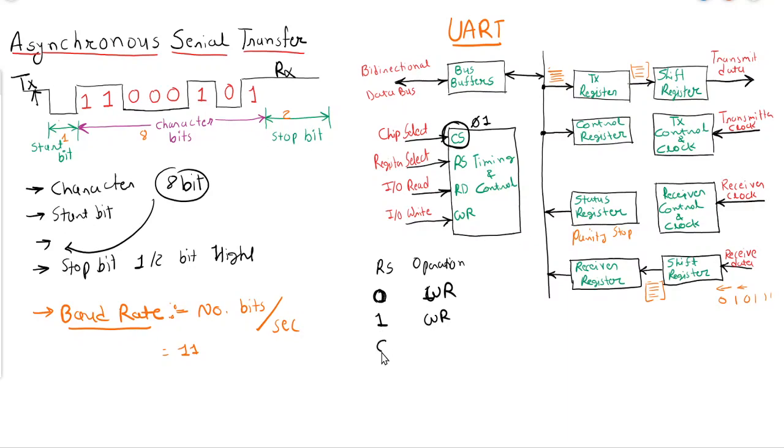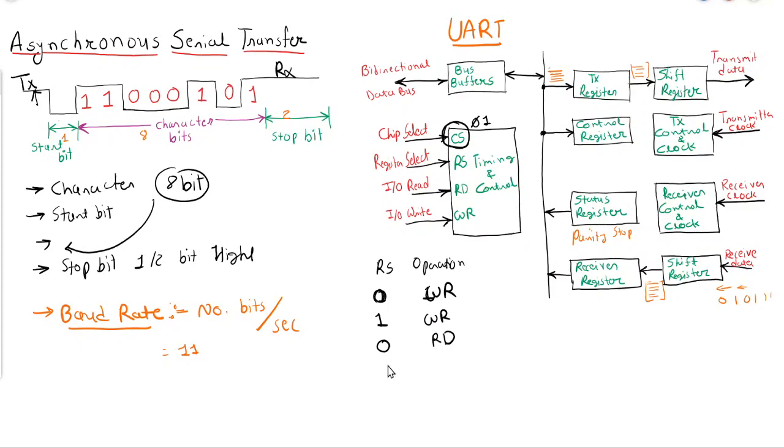Similarly, if the value of register select is 0 and the read line is enabled, in that case the receiver register will be used. So whenever the CPU wants to perform any input via the interface, it will set RS to 0 and enable the IO read pin.